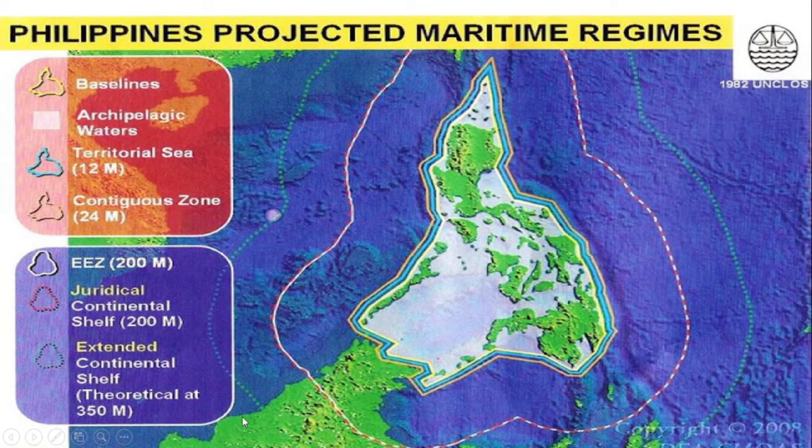So they just simply connected that one, and here comes the baseline. So this is basically the essence of archipelagic doctrine. It helps unite the lands and waters and form part of the country's territory.